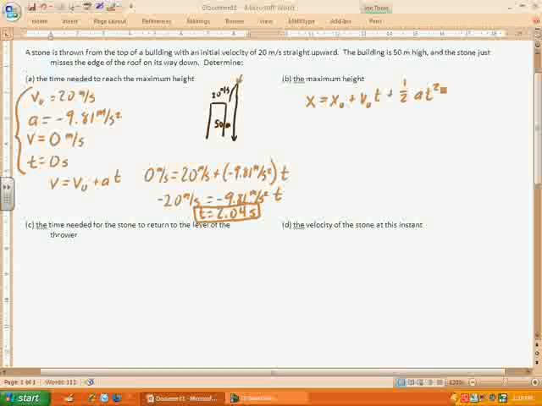We know that initially it's 50 meters up. So 50 meters plus the initial velocity, which is 20 meters per second, times the amount of time, which was 2.04 seconds, plus 1/2 times negative 9.81 meters per second squared, times the time squared, 2.04 squared. So that we can just punch right into our calculator.